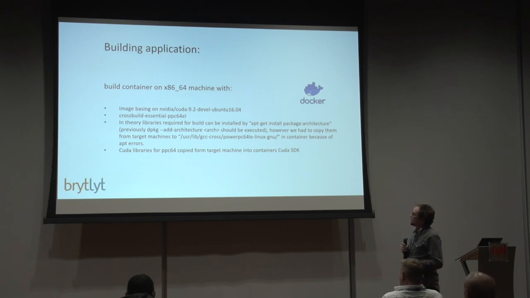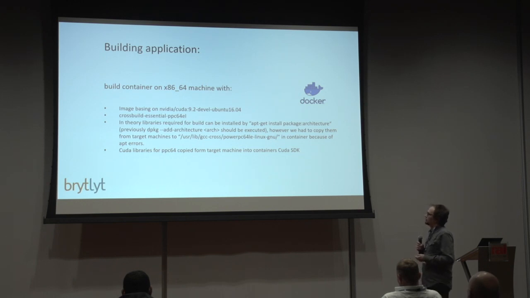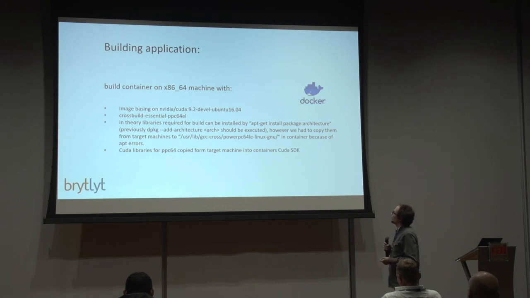This was the beginning of some problems, not the hard ones, but the standard. We had problems with installation of packages and libraries required for our application into the cross-platform build using standard apt repositories. In theory, this syntax here, apt-get install package with architecture, should work, but it didn't.